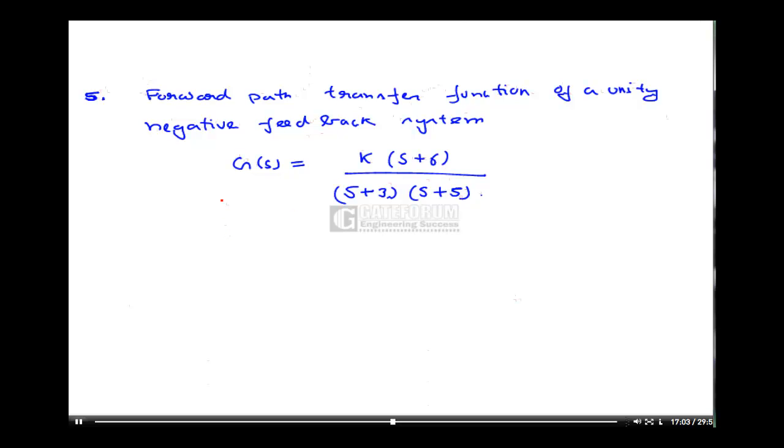Okay. Now for this we have to find the breakaway point and break-in point and also the root locus. Of course we have to draw that.